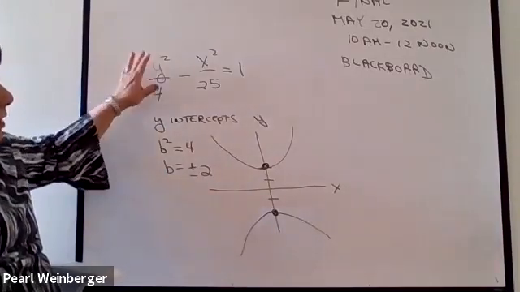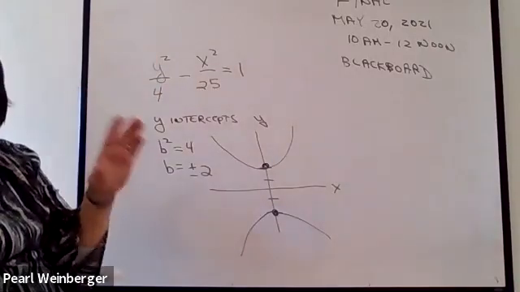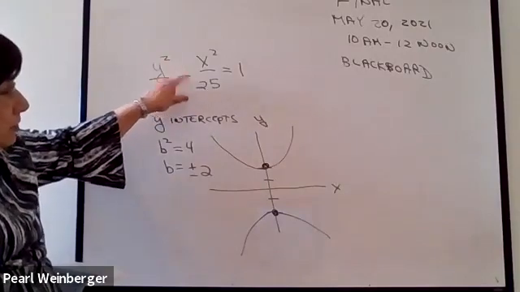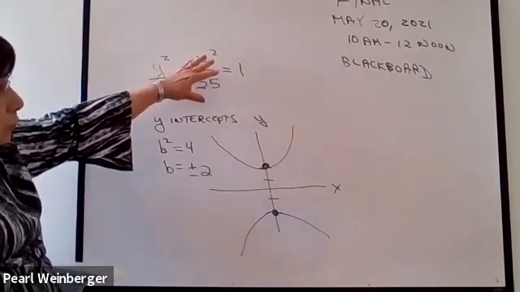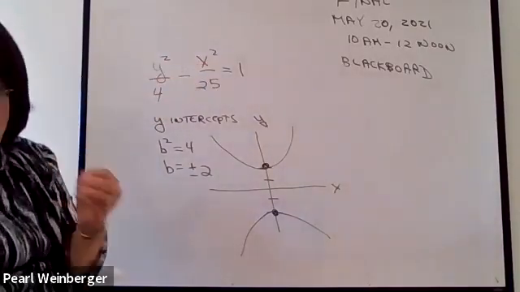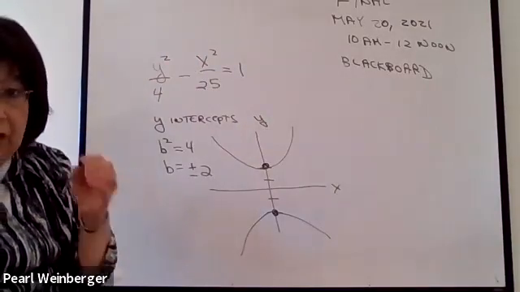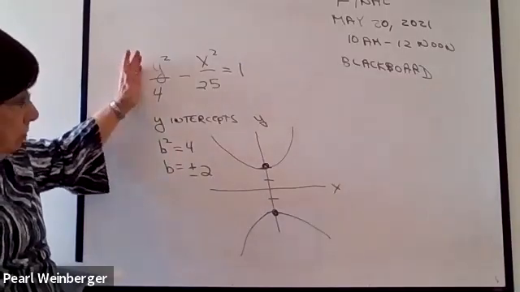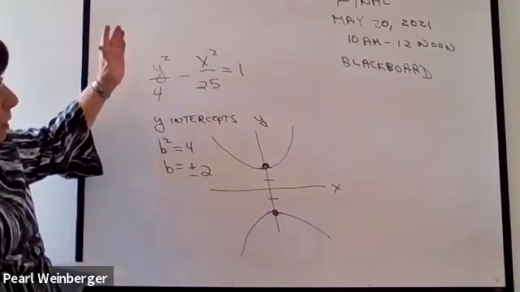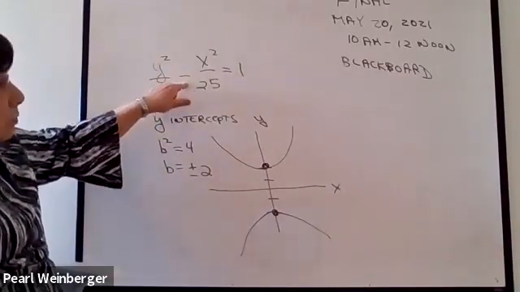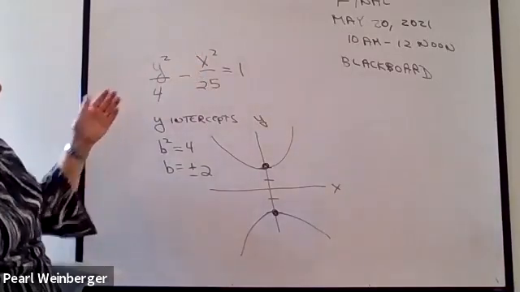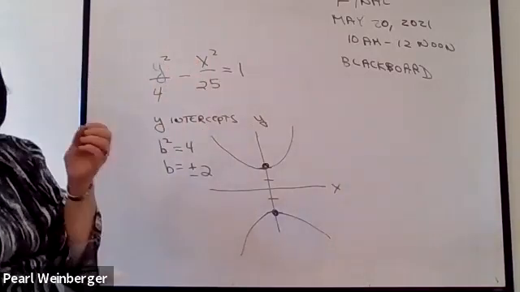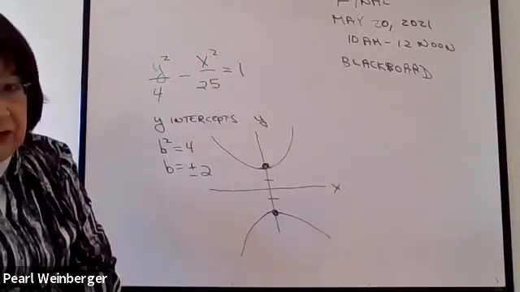Whenever you're looking, again, you're going to know that you have a hyperbola when there's a minus in between the x squared and the y squared term. And it's very important to focus on which one is the positive one. Usually it's the first one that will be positive, the second one is negative. But if they had written negative x squared plus y squared, look for the one that is positive.